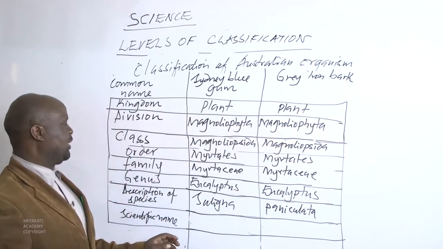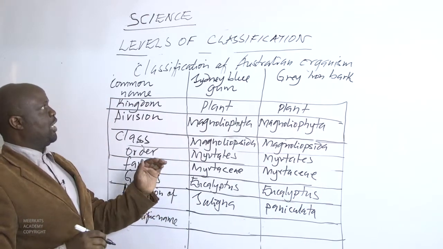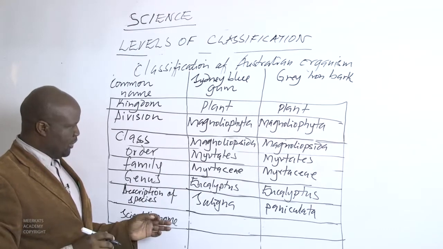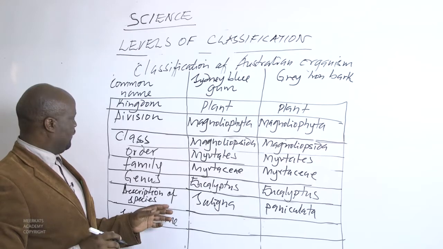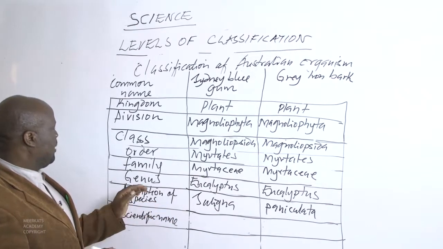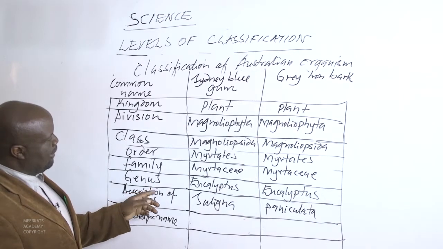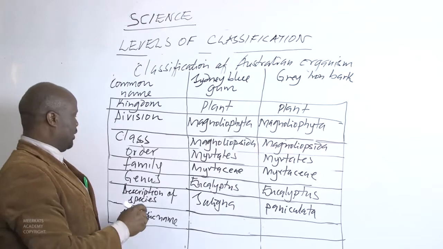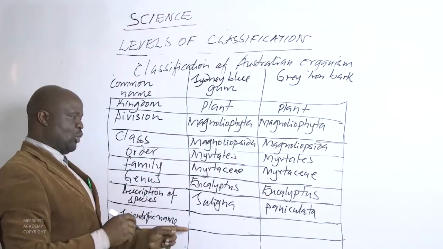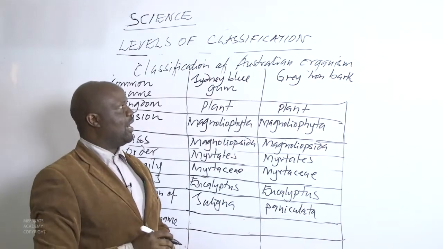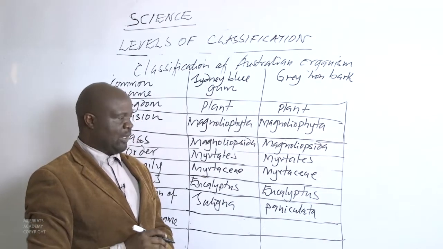So we are seeing that when we are classifying these two types of plants, they have only been classified into different species, but up to genus, they belong to the same genus, Eucalyptus. But when it comes to the description of species, we see that the blue gum belongs to saligna, while the grey ironbark belongs to paniculata.